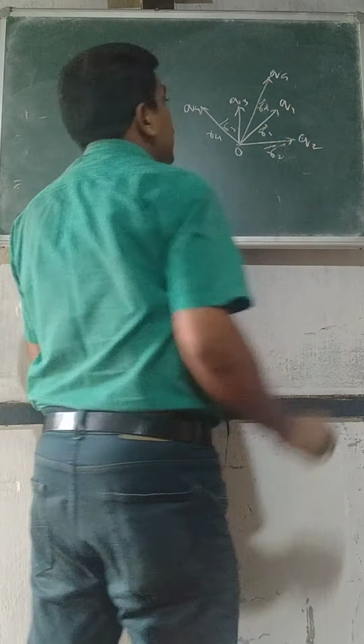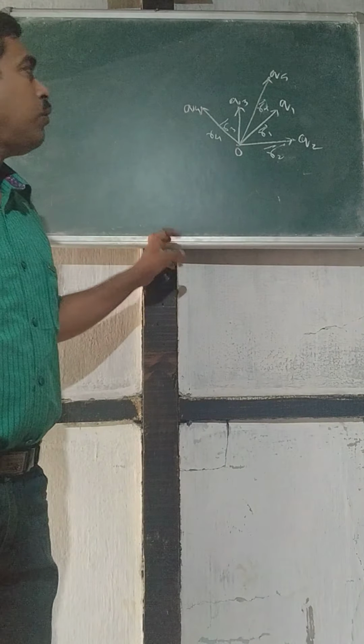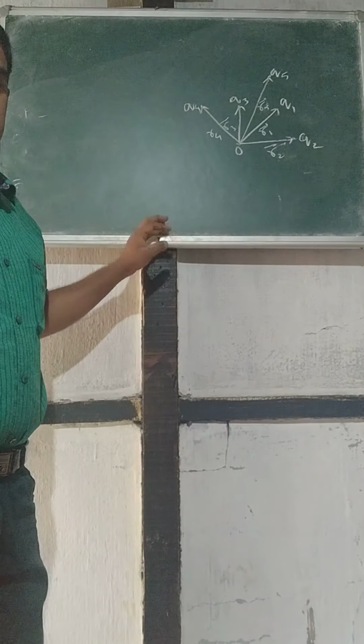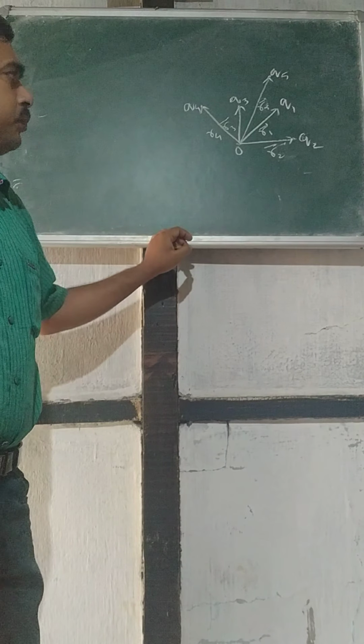This is the distribution of 5 charges. It may be n number of charges.